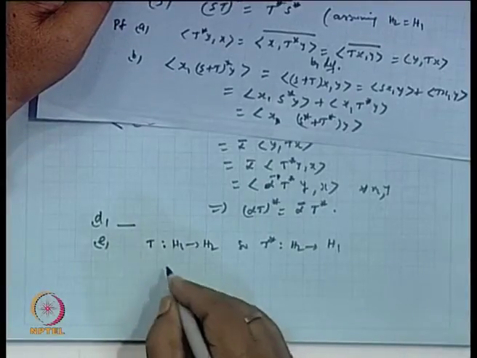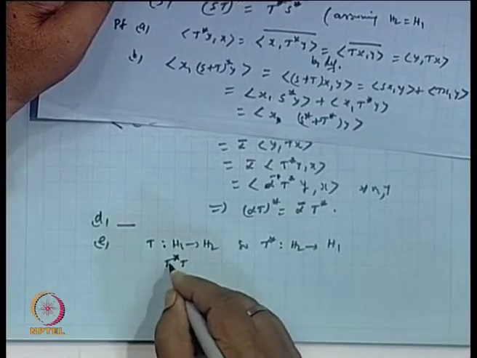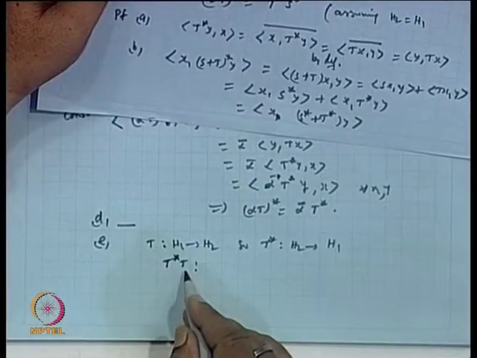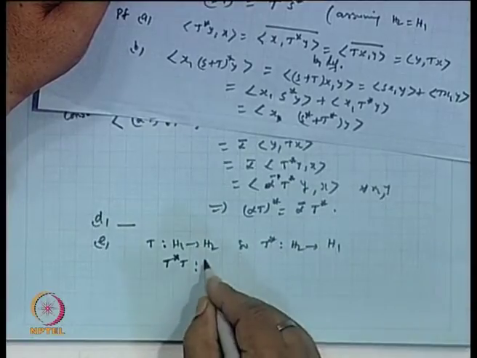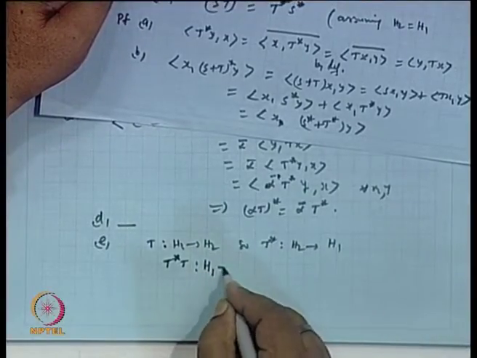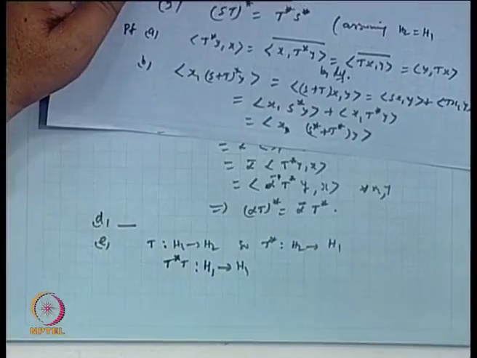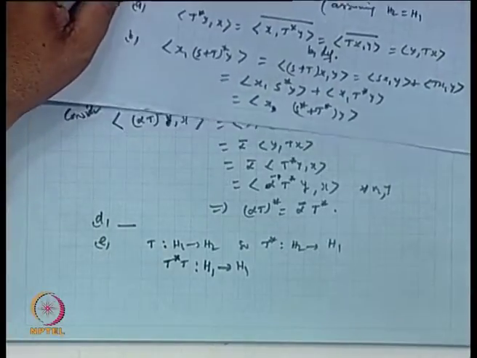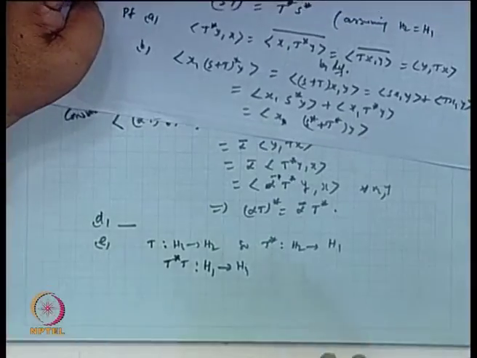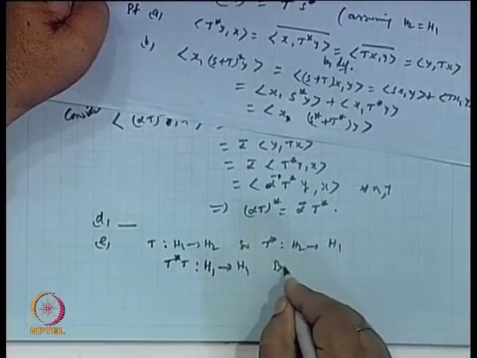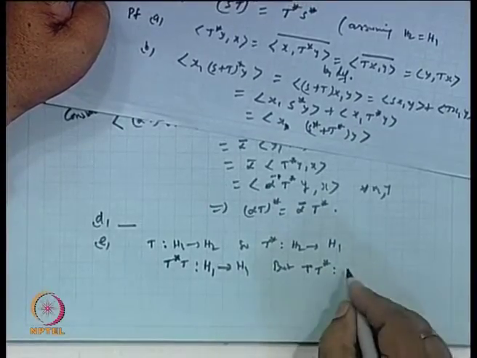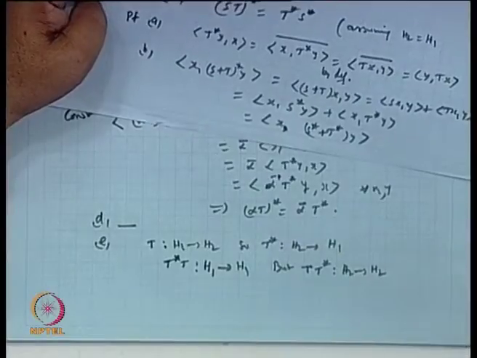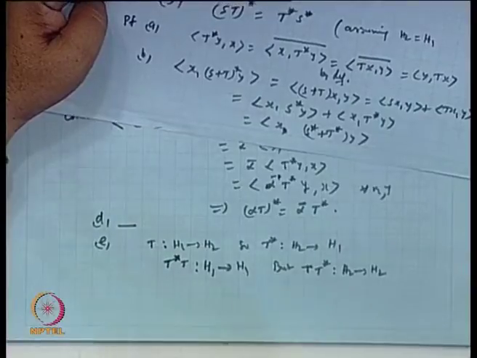So, when we write T star T, first it will take the elements from H1, then T goes on, and T of H1 will be an element of H2. So, basically T star T is from H1 to H1, is it not? T is from H1 to H2, and T star is from H2 to H2, okay.